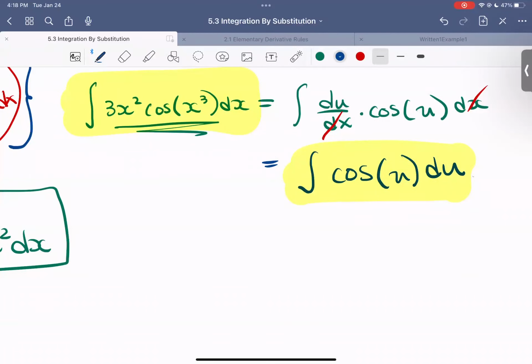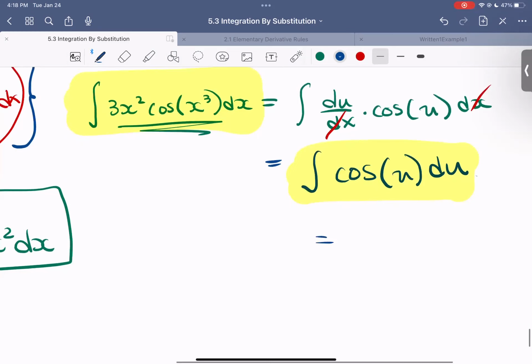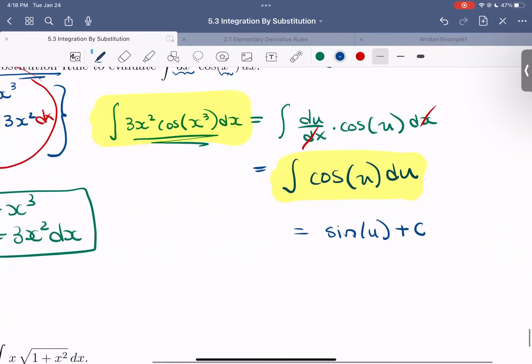We need to know, what is a function whose derivative is cosine? Well, that's just equal to sine of u plus c, since we're looking at the general antiderivative. Awesome. So this first step here is from that substitution rule. I'll just say sub rule. Then this next step is just from computing antiderivatives.